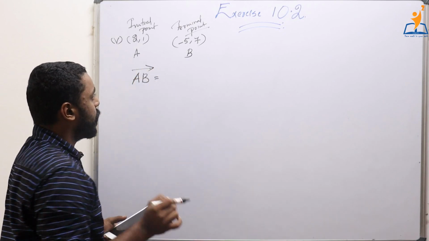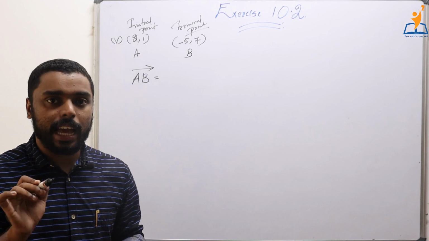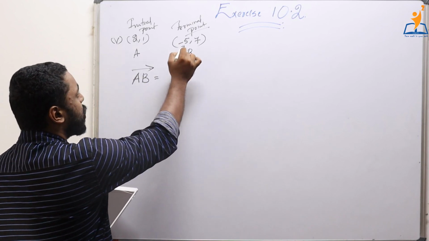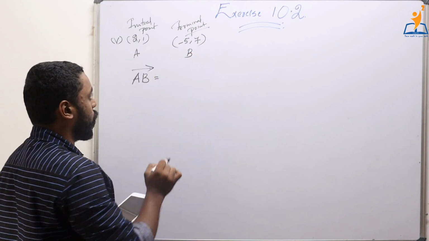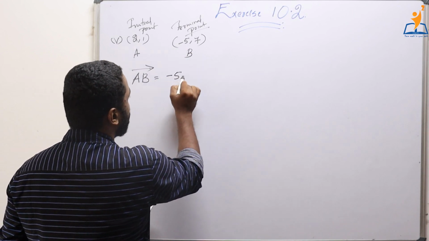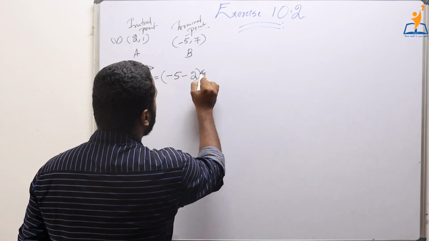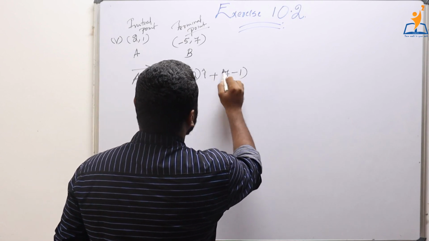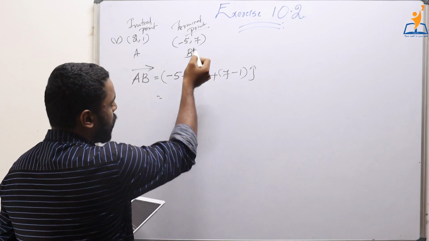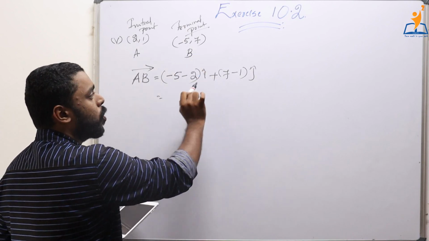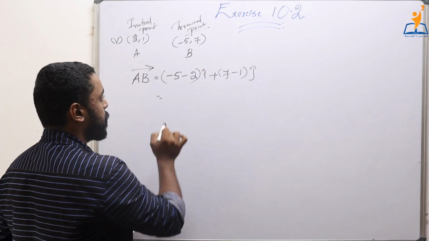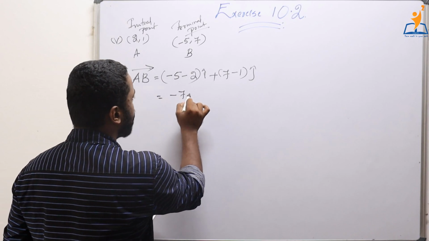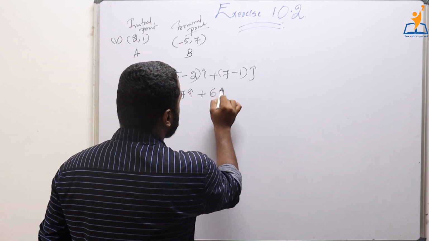We know that the vector passing through 2 points can be evaluated by finding the difference of the respective components of the points. So we have (-5 - 2) i cap plus (7 - 1) j cap. The third component is absent here, so we don't have any component having k cap. So it will become -7 i cap plus 6 j cap.